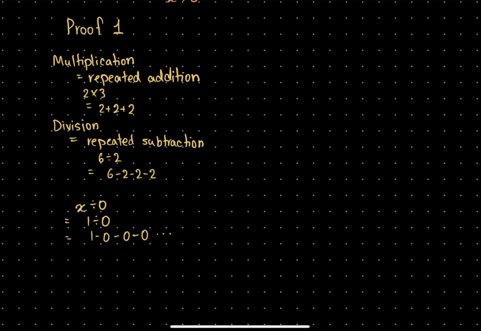But no matter how many times we subtract 0 from 1, we still get 1. So that's why we write x divided by 0 as infinity. So x divided by 0 would be infinity because even if we subtract 0 from 1 an infinite number of times, we would still get the number 1.